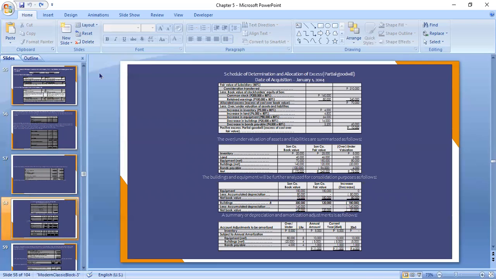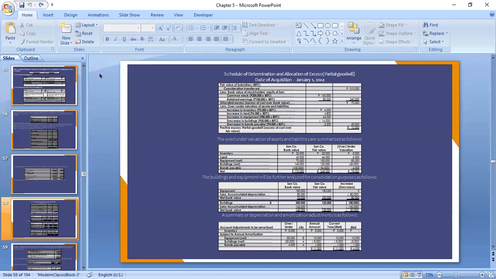And we have the book value of stockholders' equity of subsidiary at 80%. So the common stock 160,000 and the retained earnings of 80,000 for the total of 240,000. Deduct this from 310,000.